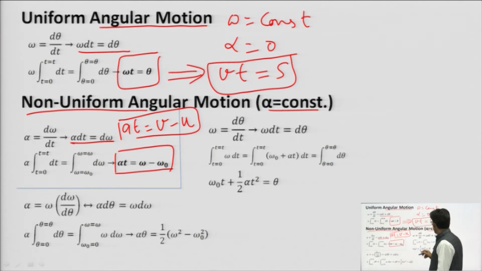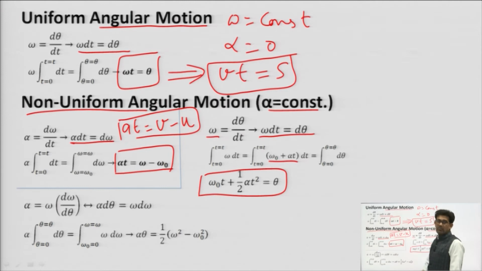Similarly, for the second equation of motion, we can use omega equals d theta by dt, which means omega dt equals d theta, and integrate in proper limits. Here omega is not constant, so by putting omega equals omega naught plus alpha t, we will get this equation.